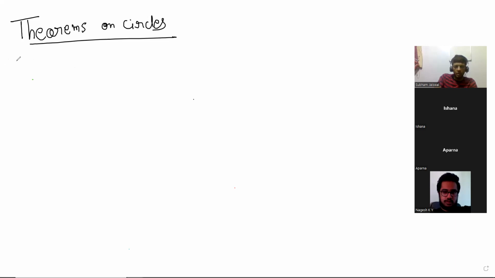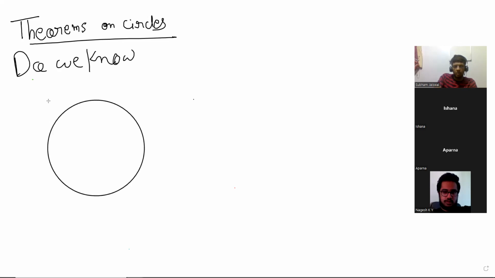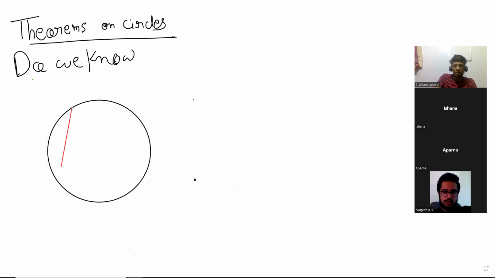So first, one question I will ask is, do we know that if it is a cyclic quadrilateral, then... that was also one of the homeworks I had given, right? But this one we had done in class, this version: if it is a cyclic quadrilateral, then, as the picture is saying, it's a cyclic quadrilateral.